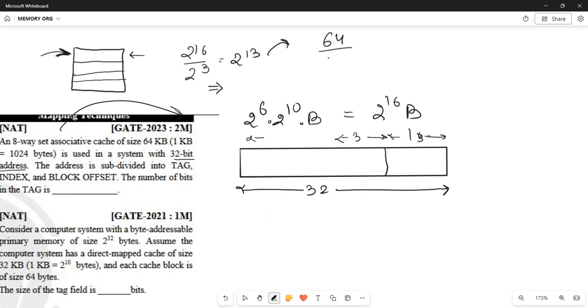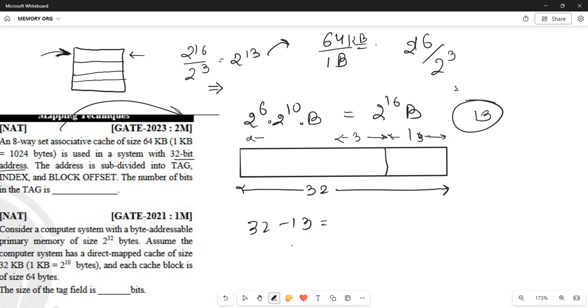So 64 upon 2 raised to power 6. 19 should be the answer.